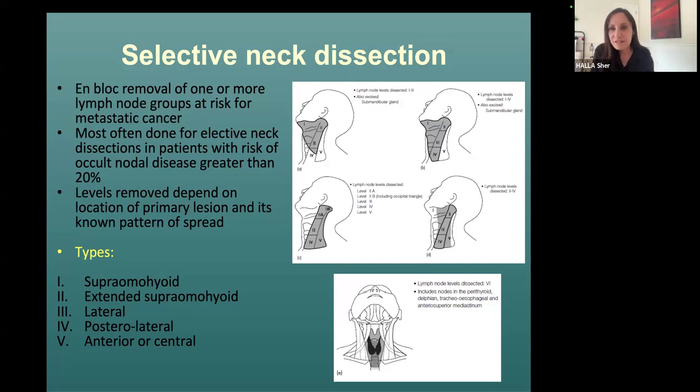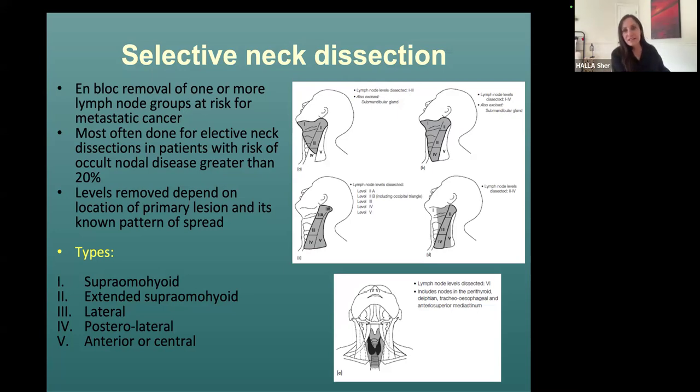The levels dissected during a selective neck dissection depend on the primary lesion. There are different types of selective neck dissections: supraomohyoid, extended supraomohyoid, lateral, posterior lateral, and anterior or central. And we'll go over each of those.